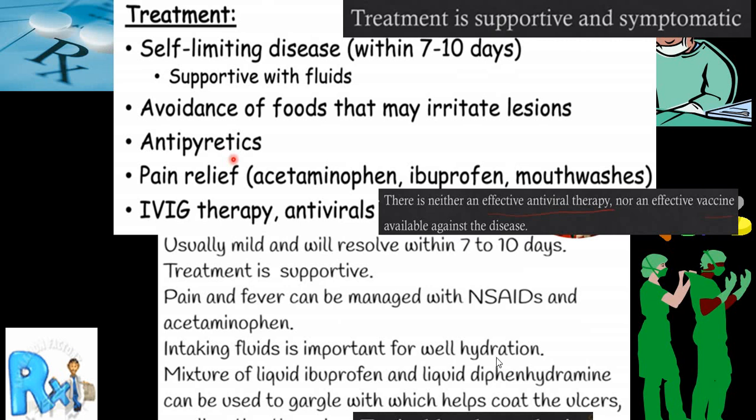The person should be well hydrated, and for oral ulcers you can give liquid preparations of an anti-inflammatory analgesic like ibuprofen. You can use a liquid like diphenhydramine, which can be used for gargle. Topical anesthetic can be used to reduce the pain in the throat region.